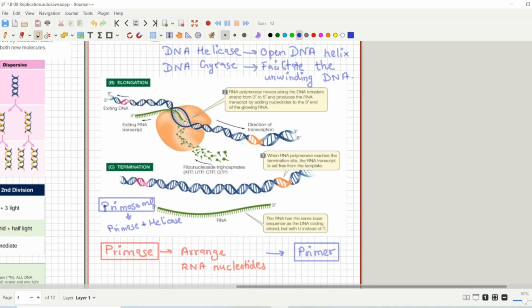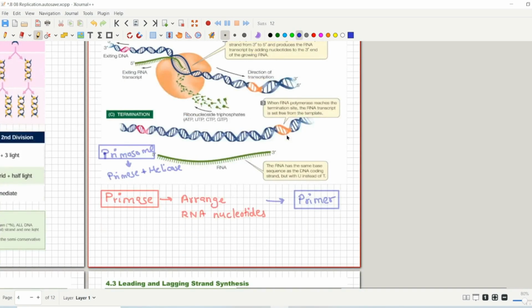So next, you have to know about DNA polymerase, and how DNA polymerase actually works. There are three types of DNA polymerases. We will discuss them one by one.